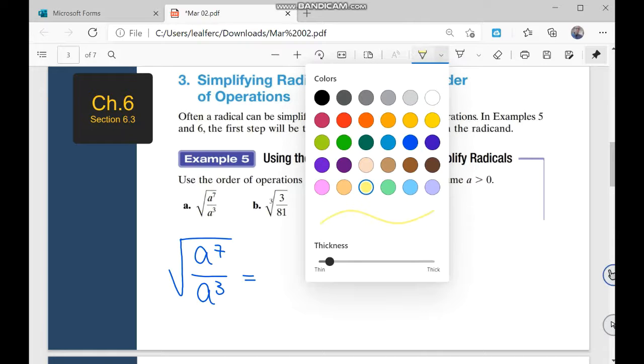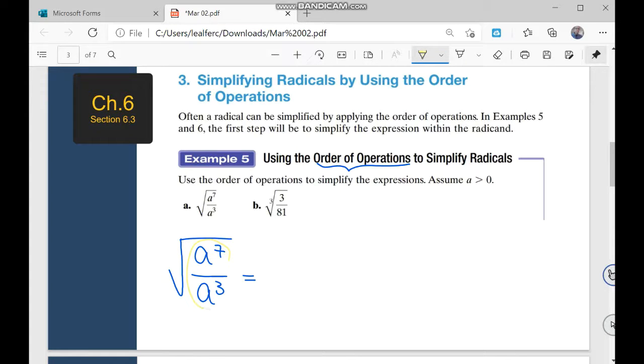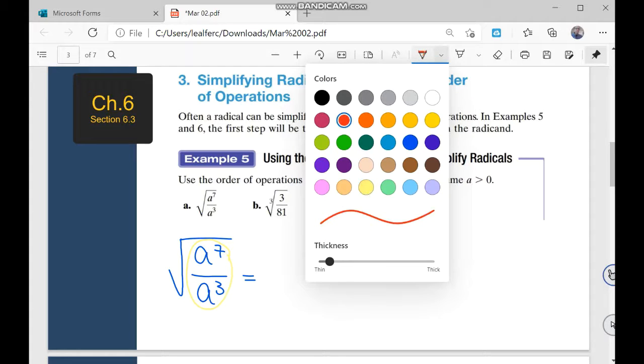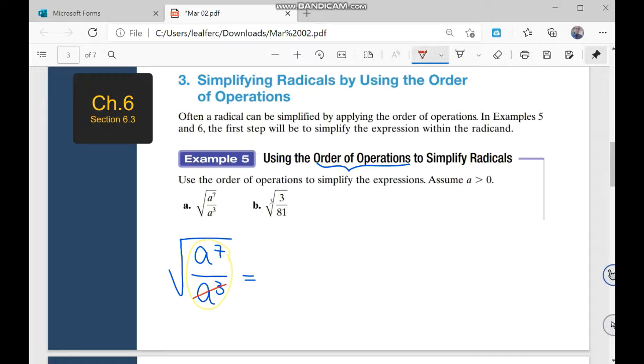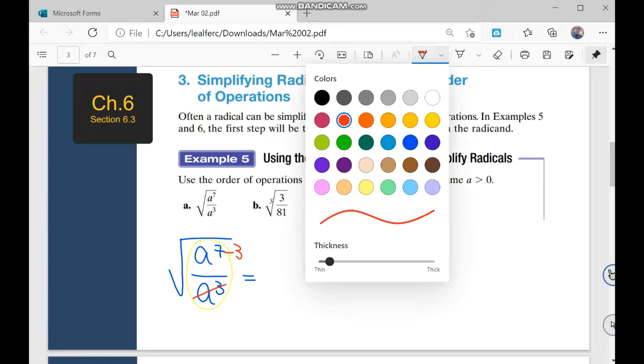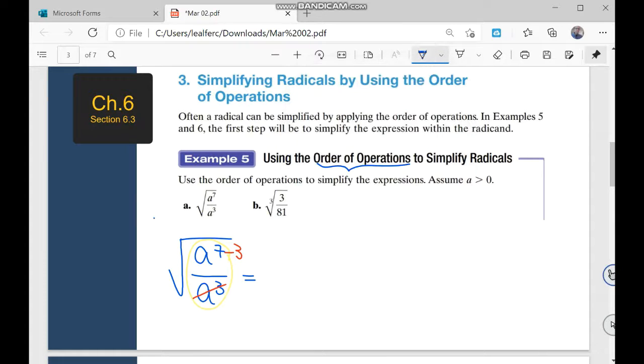First you have to check if there's anything you can simplify in this fraction inside the radical. And actually there is. You can simplify this by subtracting the exponents. This is the property of exponents: if you have a division, you subtract the exponents.